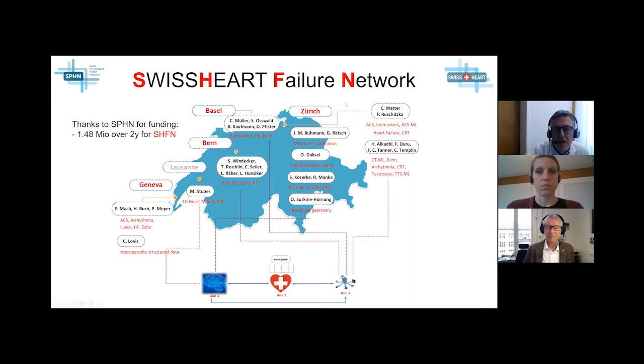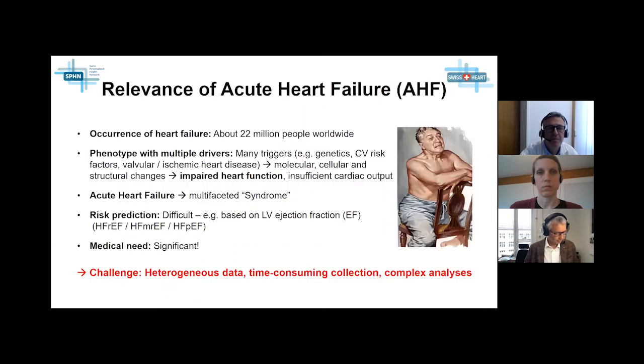Joachim Buhmann is at the ETH and has his group there that drives the machine learning and big data analysis part. And of course, I should also mention a big thank you to SPHN for funding our project with 1.48 million over 2 years. We very much appreciate that.